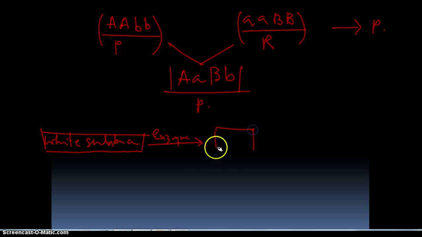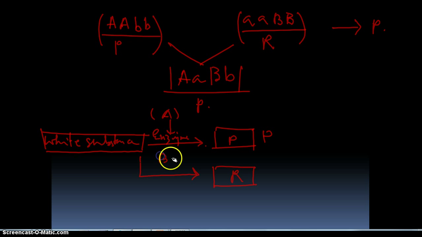It will produce a product which has the purple color when the enzyme has been encoded from gene A, and this substrate will produce the red color when the enzyme that is working is from the B gene.